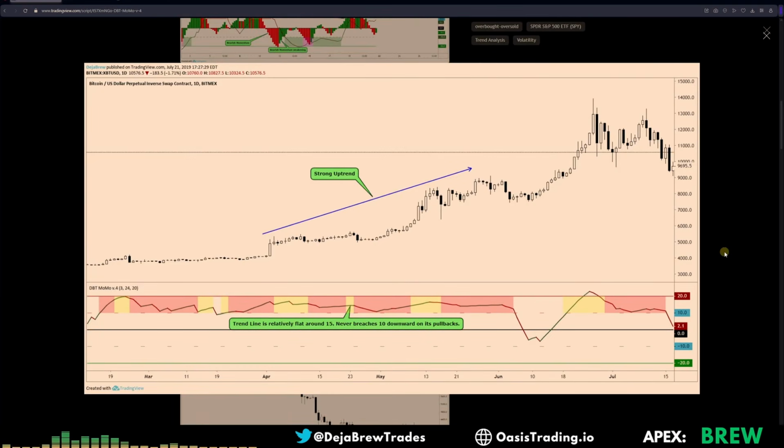Another signal we are using for momentum is when the trend line is staying above the 10 level, but below the 20 level. It's kind of balancing around 15. If it's very flat or just kind of chopping around the 15 level, then it is indicating that there is a strong uptrend.